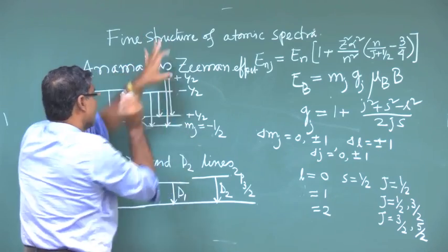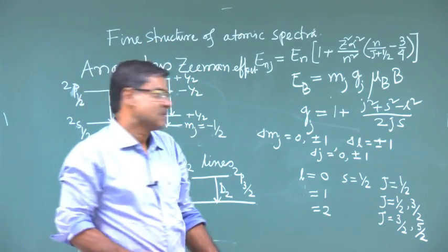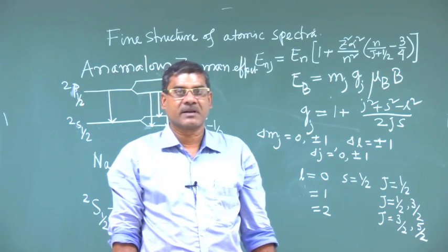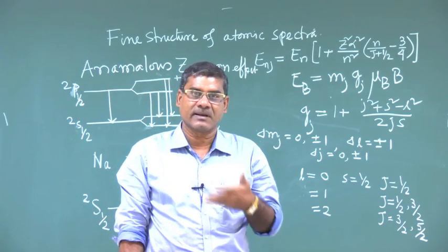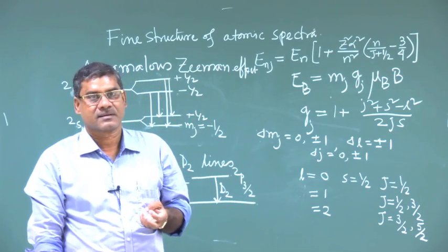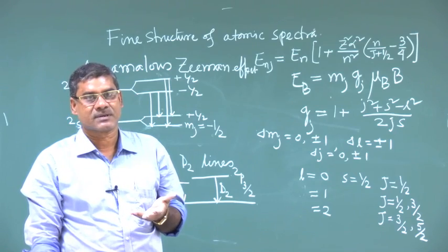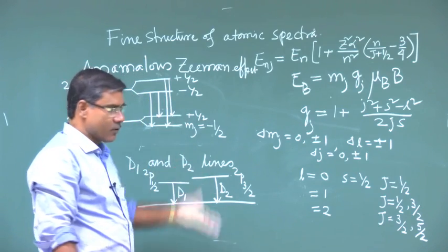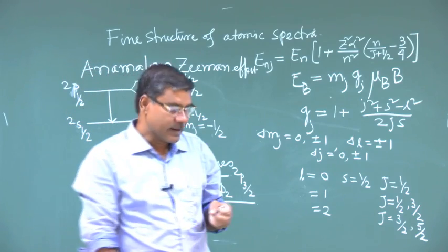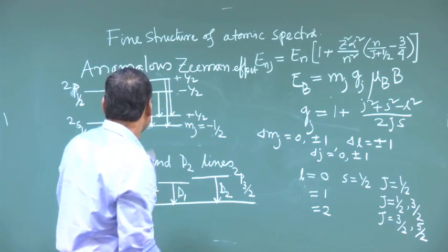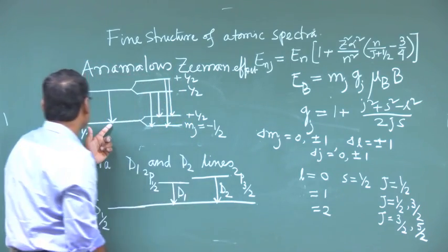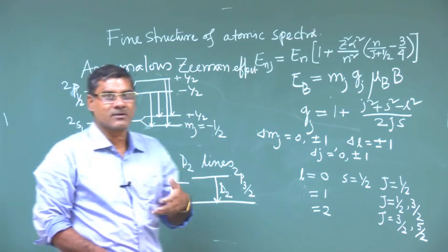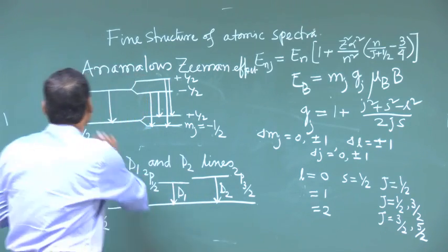So this D1 line will be split into 4 lines, and experimentally it is seen that the D1 line shows these 4 lines, and their wavelengths exactly match the experimental values. Similarly, one can show that the D2 line is split into 6 lines.